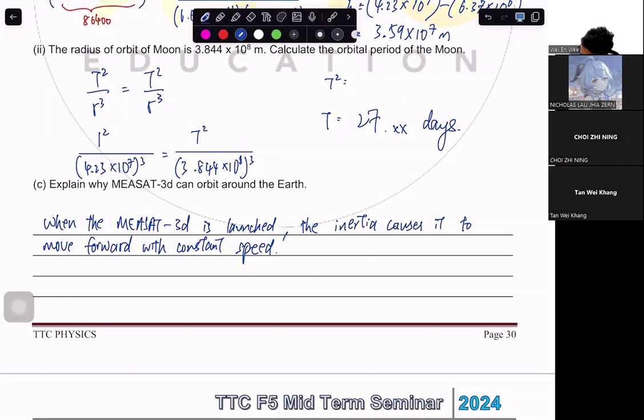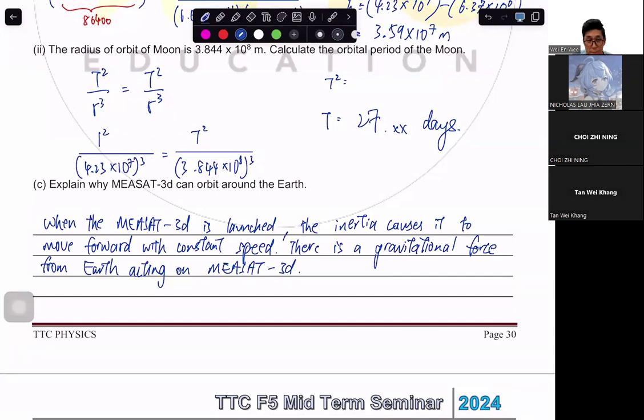But there is a gravitational force. That's your centripetal force, by the way. There is a gravitational force or centripetal force from Earth acting on the Miasat.